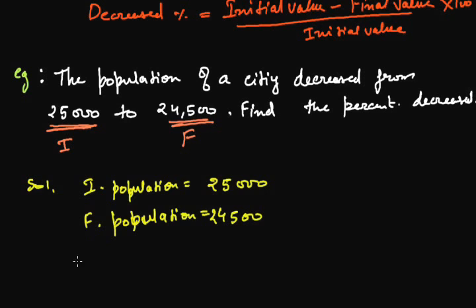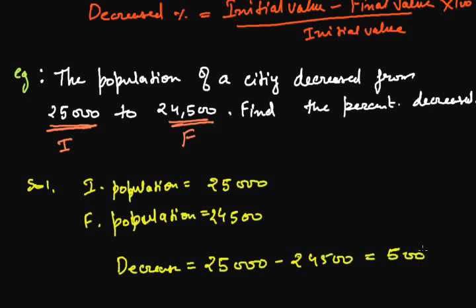Now the decrease is equals to 25,000 minus 24,500. So it is equals to 500.